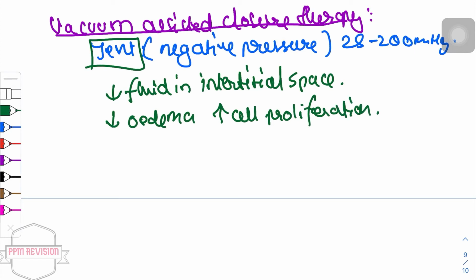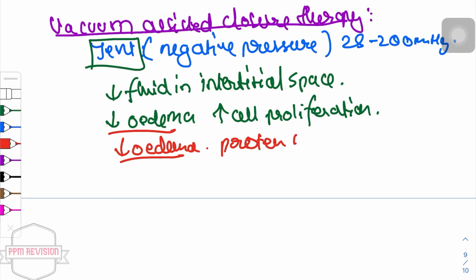The edema is reduced, the protein synthesis is increased, and matrix synthesis is increased.